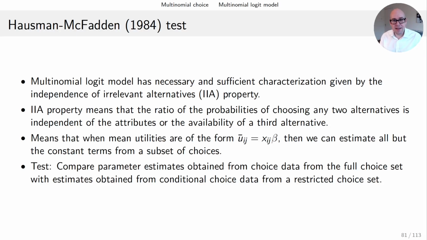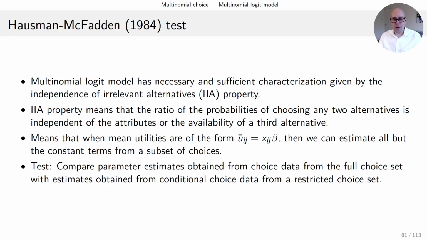If you have a lot of data and a lot of power for your test, and you cannot reject the null that IIA holds, then you have some supporting evidence for the multinomial logit model, and you can make use of its structure to do interesting things like welfare comparisons, and in particular studying the introduction of new alternatives.